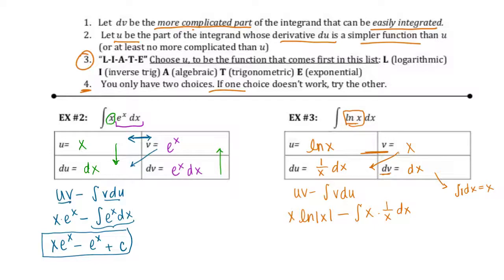And so notice that we'll simplify down to be something a little bit easier to integrate. Notice these x, 1 over x, and x will cancel. So I have x times natural log of the absolute value of x minus the integral of dx. And again, if I integrate just dx, that's really 1 dx, so I'm going to get x, and then I have plus c.